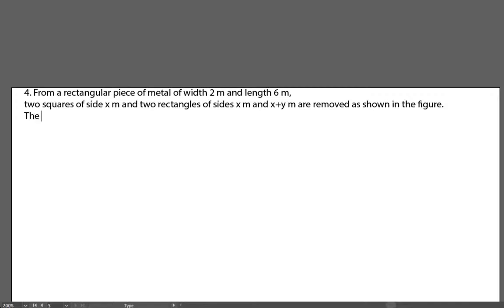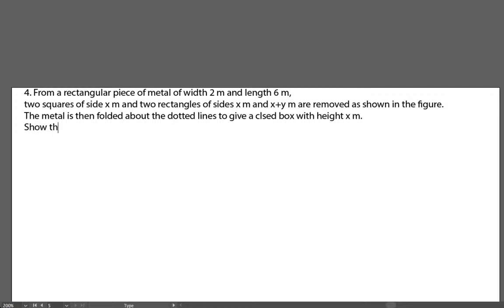The metal is then folded about the dotted lines to give a closed box with height x meters.